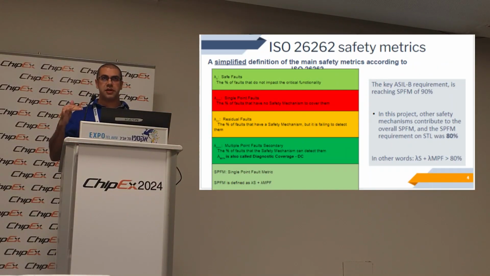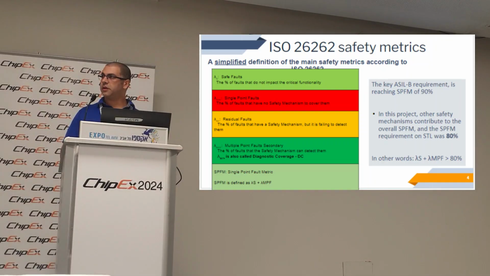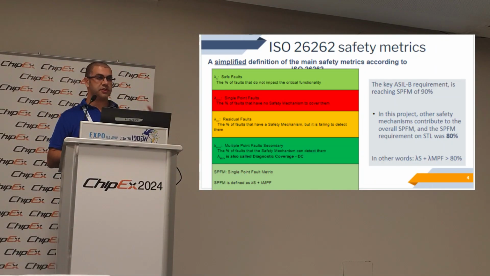So I'll just do a quick briefing of the terminology so we can speak the same language. We'll start with what is defined in the standard as lambda S. Lambda S is the percentage of faults that have nothing to do with the critical functionality of the chip. The second one that we will define is lambda SPF, which stands for single point faults.